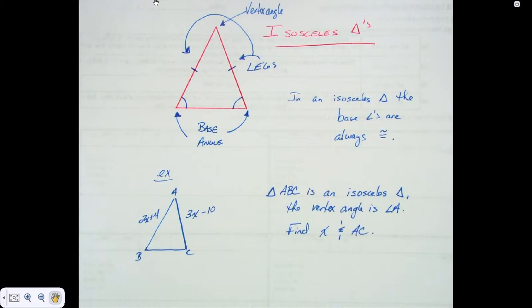The vertex angle is angle A. Find X and AC.